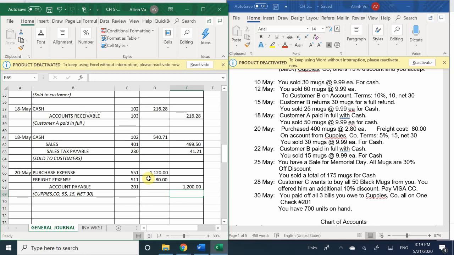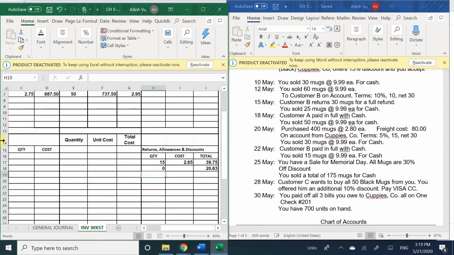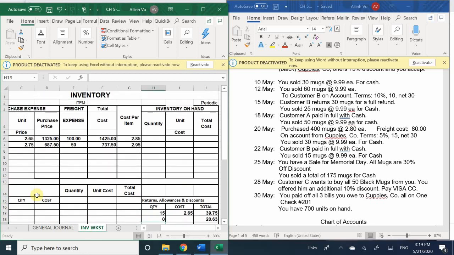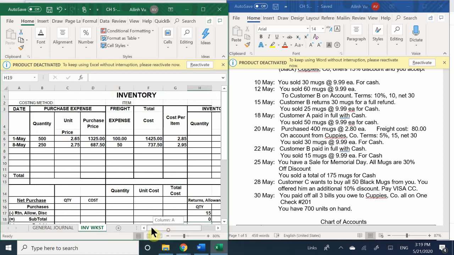Does this affect inventory? Yes. So what do we got to do? On 520, for 400 quantity at $2.80 unit price. So that's purchase price $1,120. Freight expense 80.